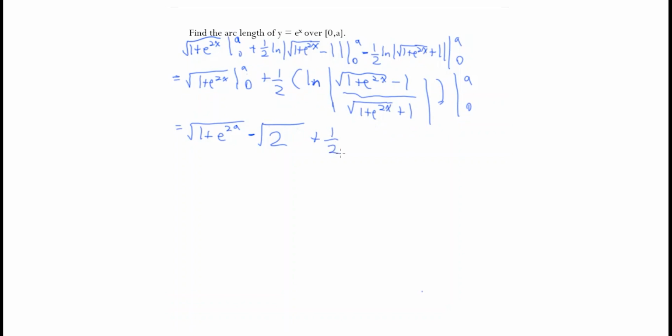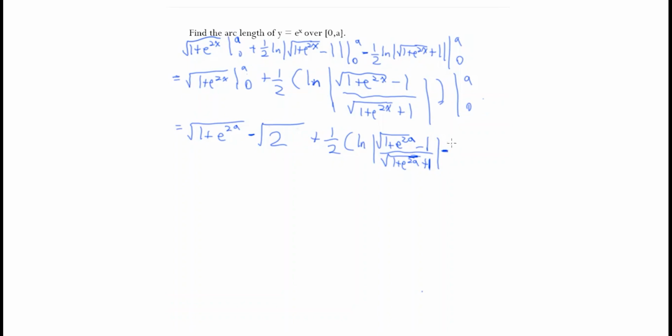And then we just keep the addition and the 1/2 as is. And then ln of plugging in a into the x's. So 1 plus e to the 2a, negative 1, all over the square root of 1 plus e to the 2a plus 1. And then now we have to subtract the 0th term.